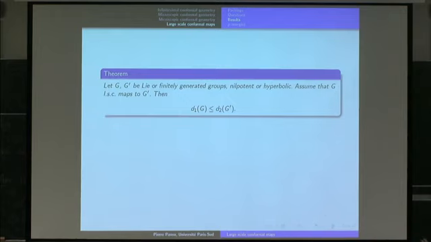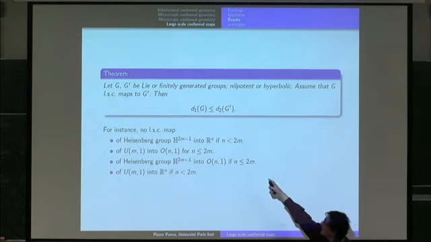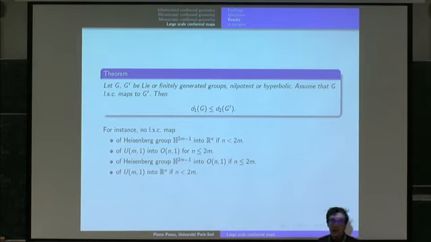I don't claim that any result like this is sharp, but for instance, it tells us that the Heisenberg group can be embedded in Rn conformally only in a certain range, and no way to expect that this will be the sharp dimension bound. But anyway, that's the only information I have.